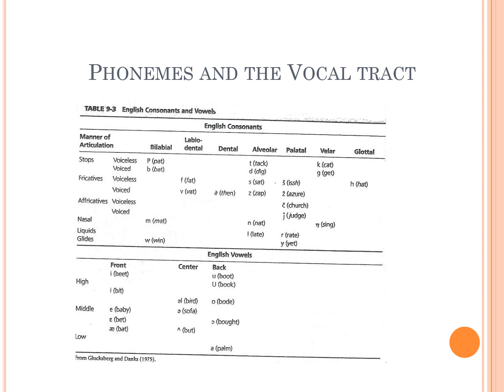I've worked a lot to try to make this more readable on the slides. But so we have the manner of articulation coming down from that. We have stops like p and b, as in pat and bat. I've already done t and d, as we're going voiceless and then voiced, as in tack or dig, and then k and g, as in cat or get.